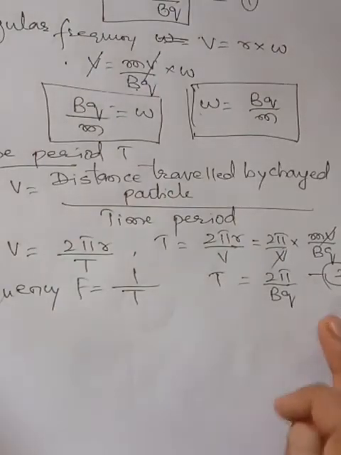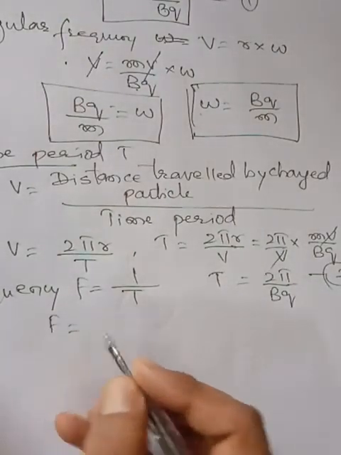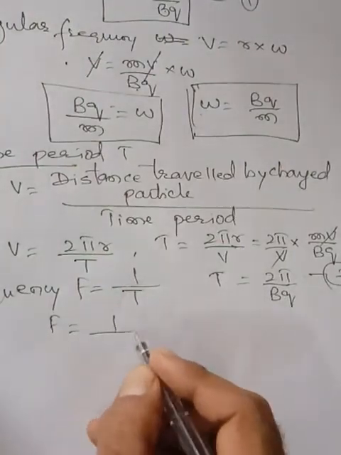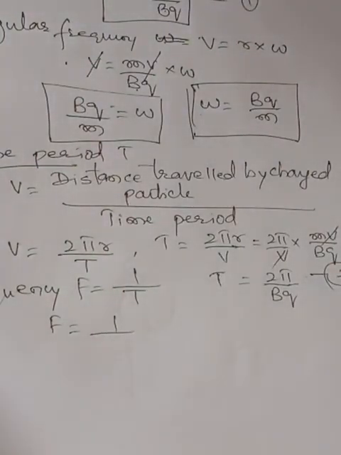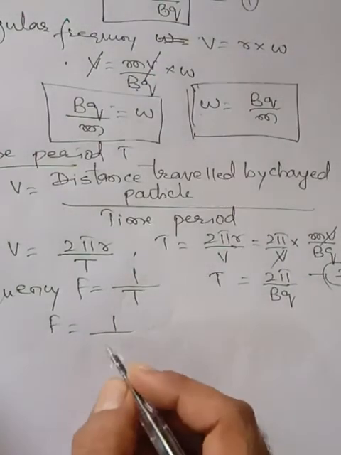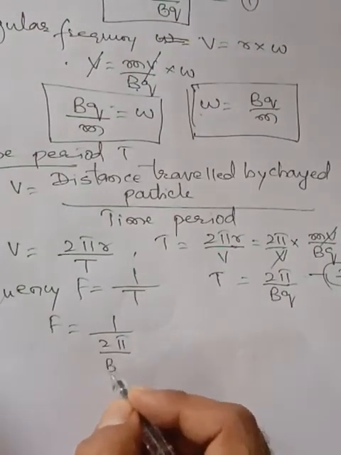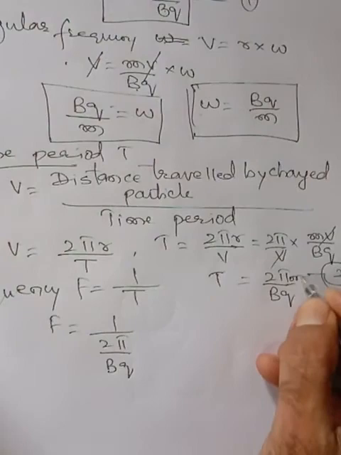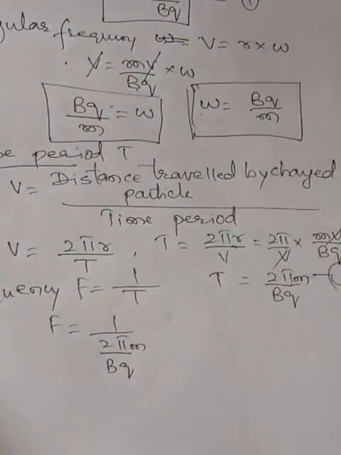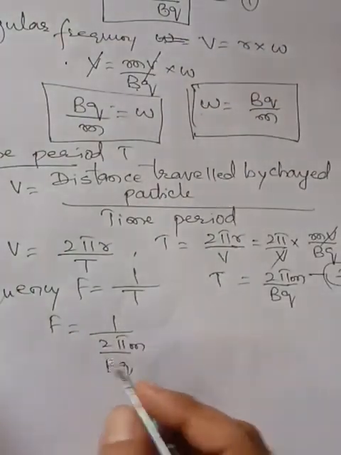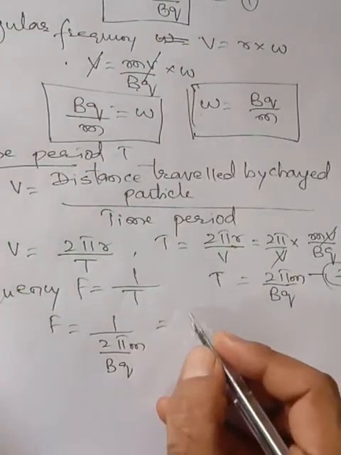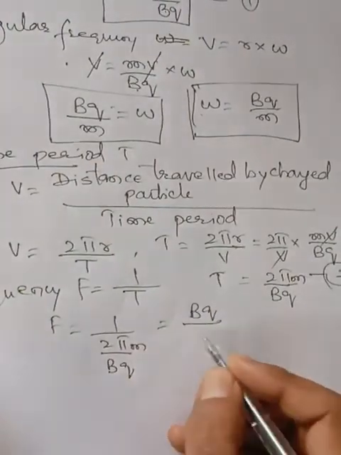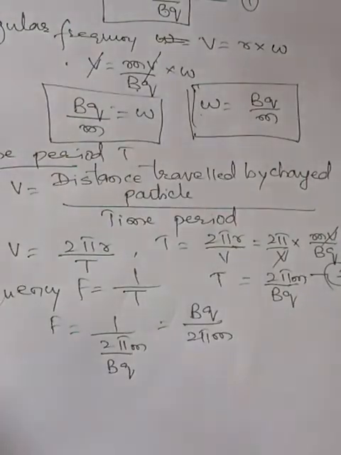So already from equation 2, what is the value of time period? T is equal to 2 pi m by bq. So f is equal to 1 upon 2 pi m by bq. So this we can write as bq divided by 2 pi m.